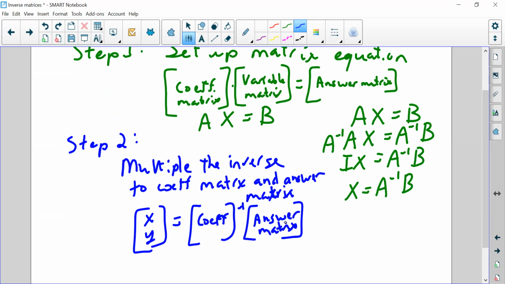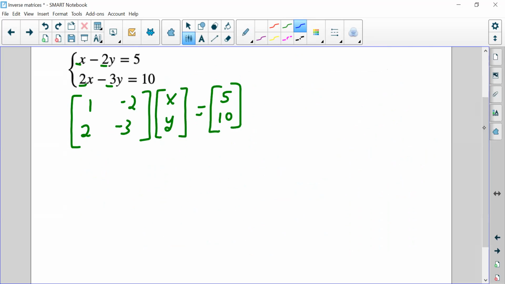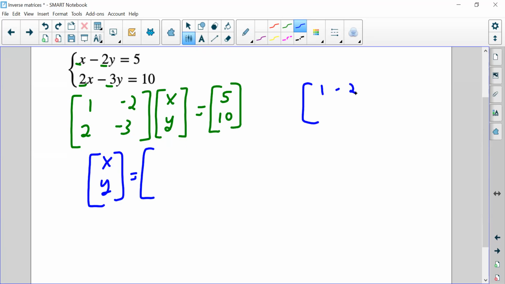Okay, so back to our example problem. My next work I need to show is my variable matrix equals, and now I need to find the inverse of this matrix. My coefficient matrix is 1, -2, 2, -3.